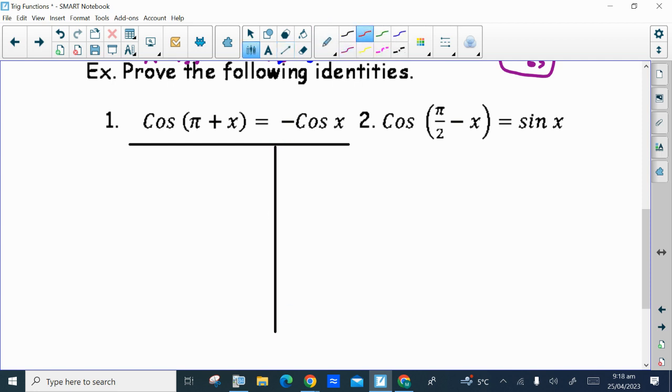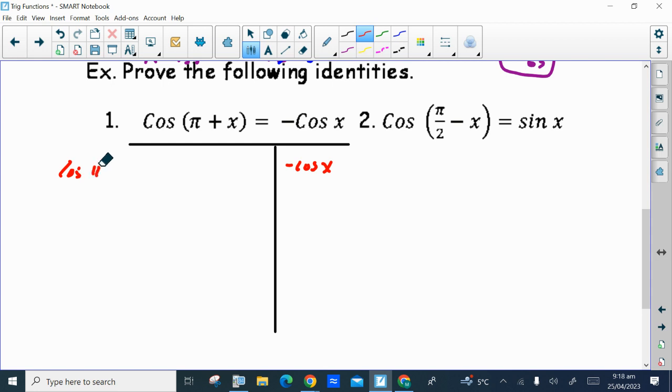So this is where you cannot move things from one side to the other. You have to work down both sides or in this case, the left side, to get an expression that mirrors the right side. And to do that, you would use the sum identity for cosine.